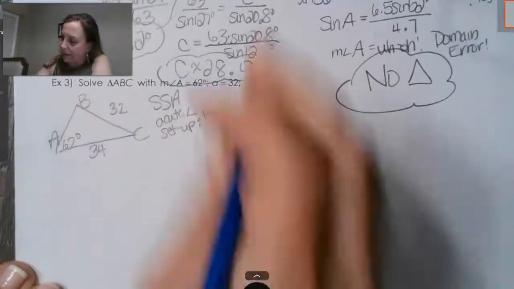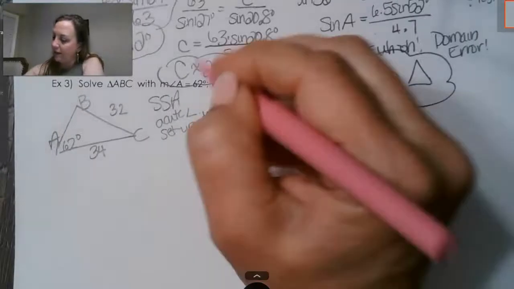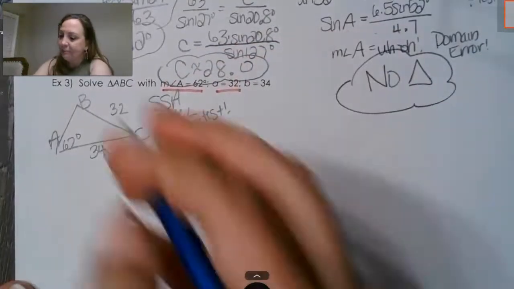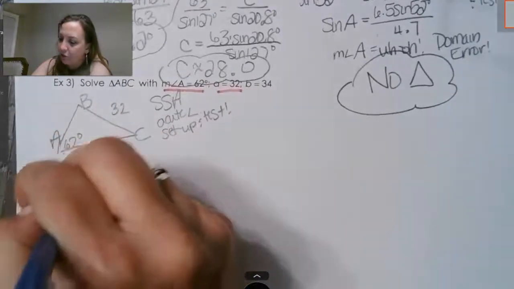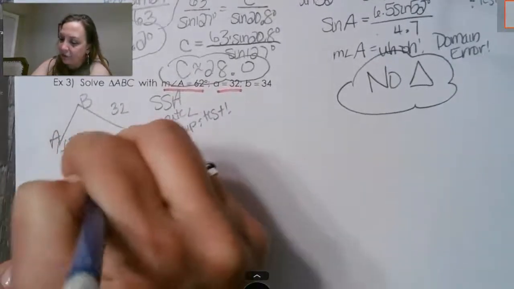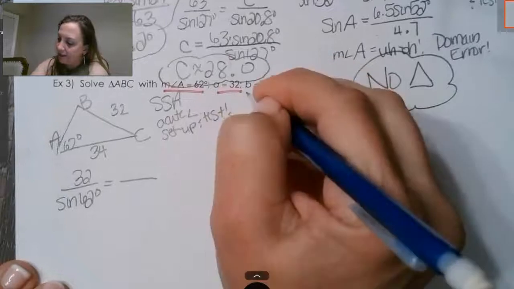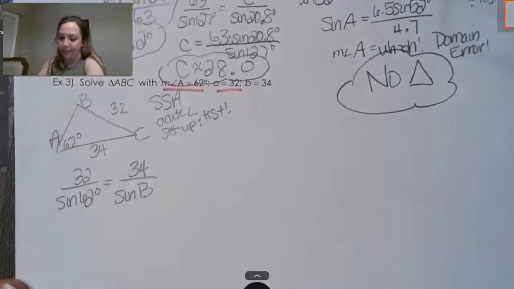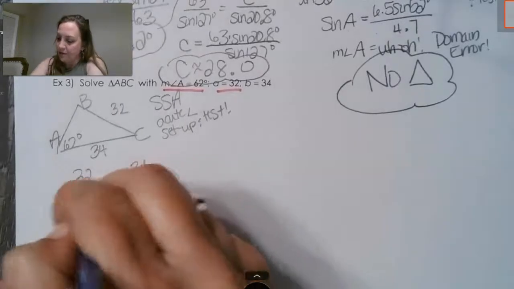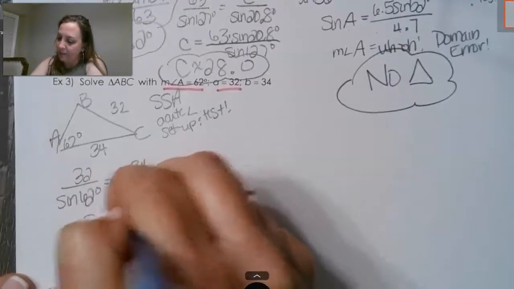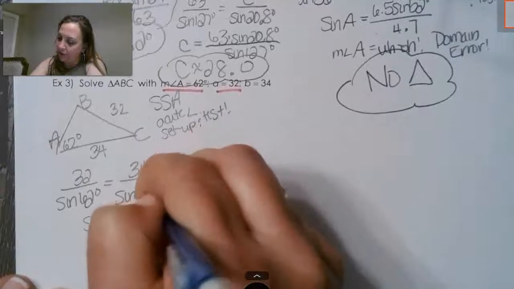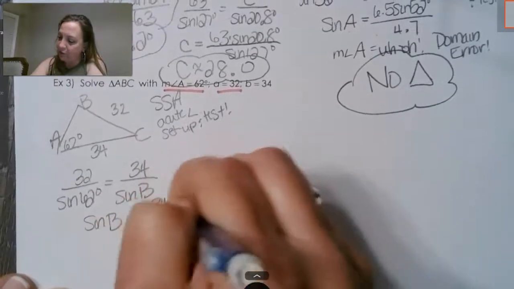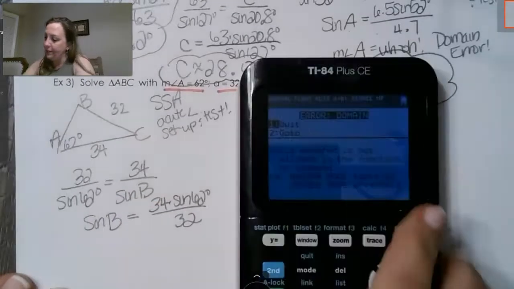I've got angle A and side A that I'm going to use as my base ratio here. So I have 32 over the sine of 62 degrees. And then side B is 34 over the sine of B. Okay, so then I have that the sine of B equals 34 times the sine of 62 degrees over 32.